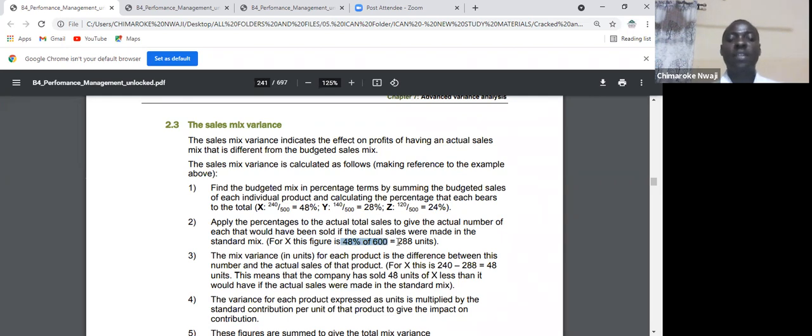All right, now the third one here is the mix variance for each product, which is the difference between this new figure you've calculated and the actual sales of that product.